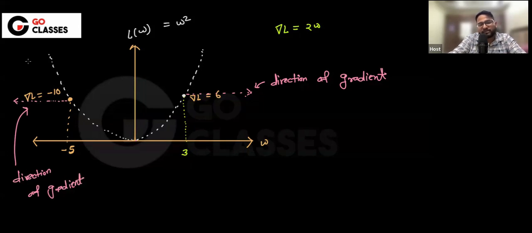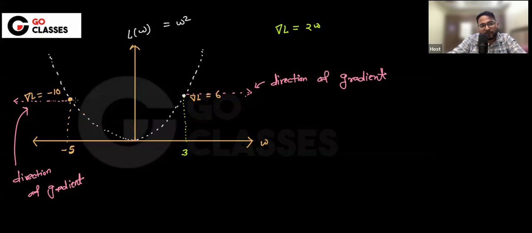Now just verify the opposite rule: if you go in the opposite direction of the gradient, is the function decreasing? If you go in this opposite direction, is the function decreasing? Yes, right.